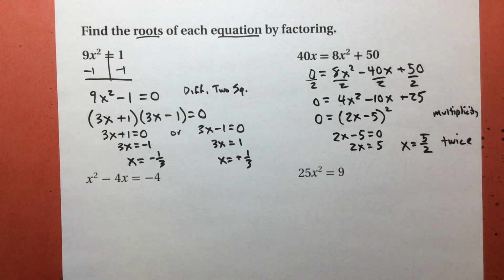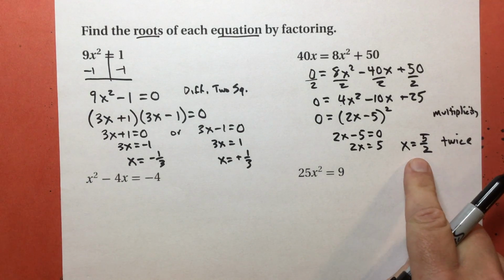So we're going to talk about this throughout chapter 5, and I'm going to be bringing it up a lot. But when you find the roots of a quadratic equation, or the zeros of a quadratic function, you're always going to get 2 answers. For all the problems we've done so far, we always got 2.